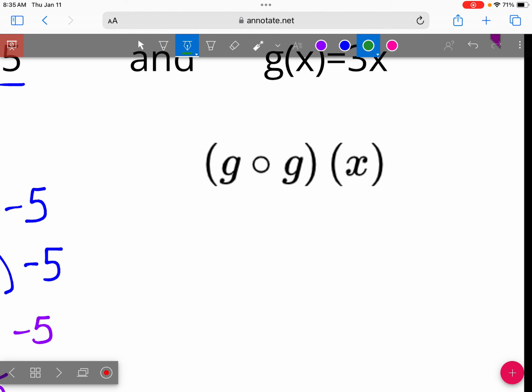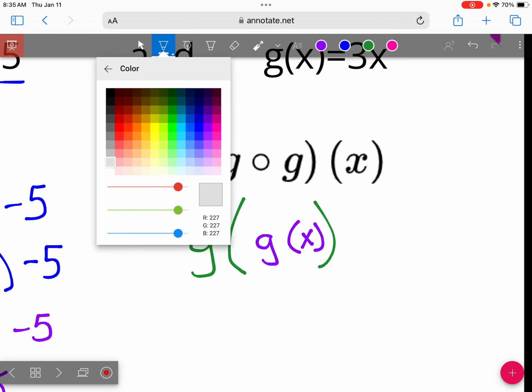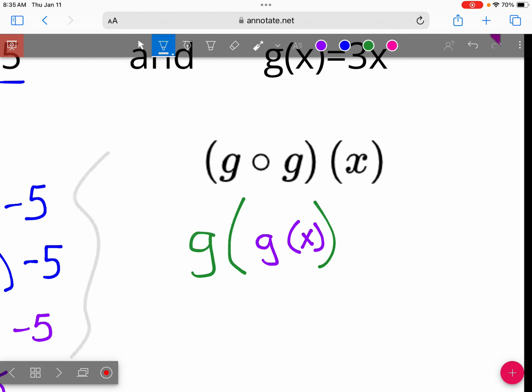And our last one with this set of equations, we're going to do the same thing but with the g's. So I'm going to take g of x and put g of x inside of itself. So we're going to take our 3 times g of x.